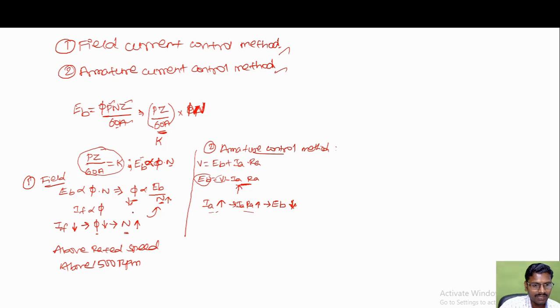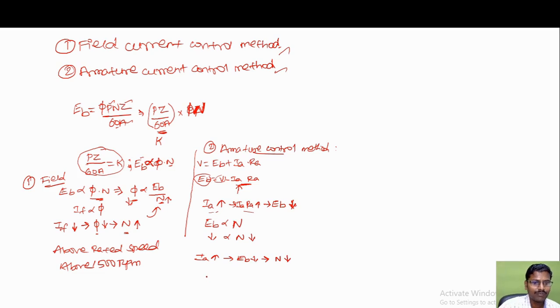We know from this relation that EB is directly proportional to phi into N. Now I'm writing this as EB directly proportional to N. When EB decreases, the speed will also decrease. So finally, if I increase the value of Ia, then EB will decrease, which will directly affect the speed N, which will also decrease.